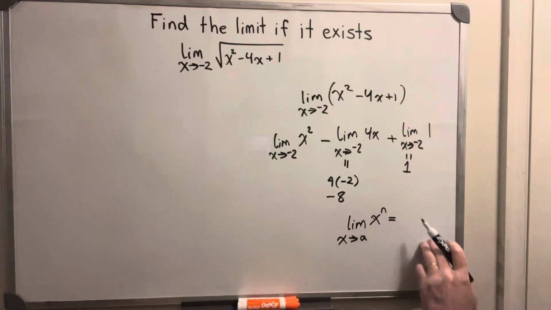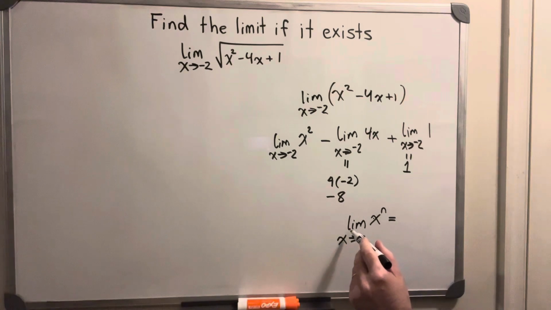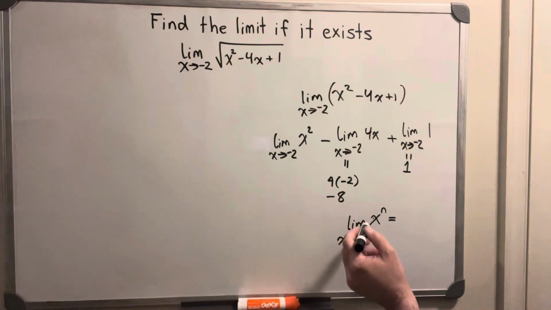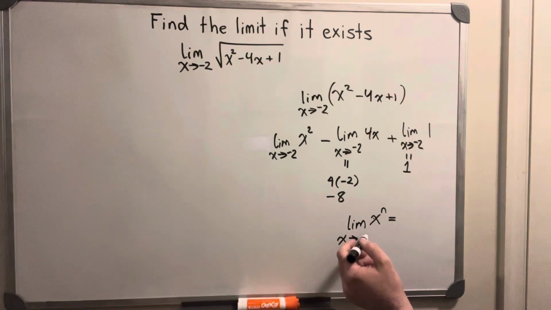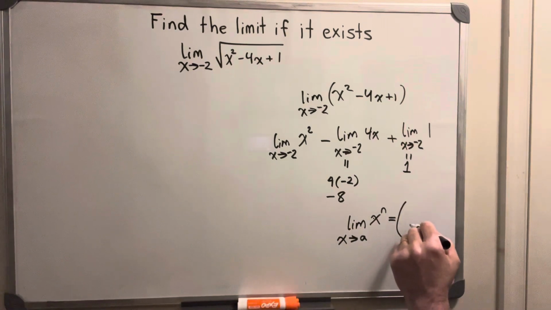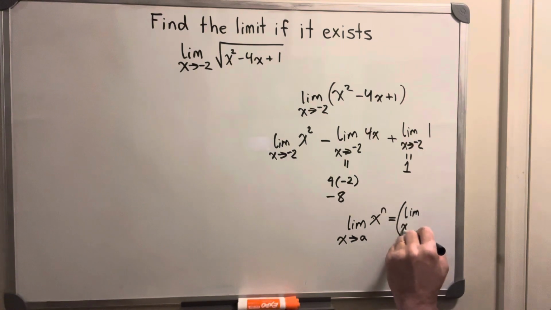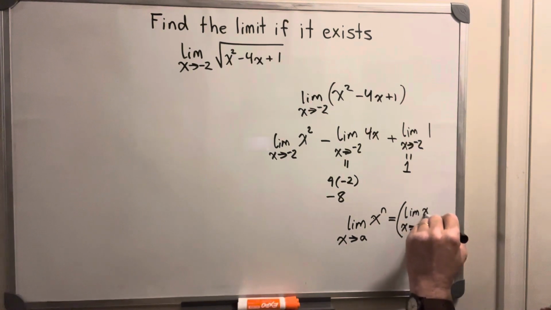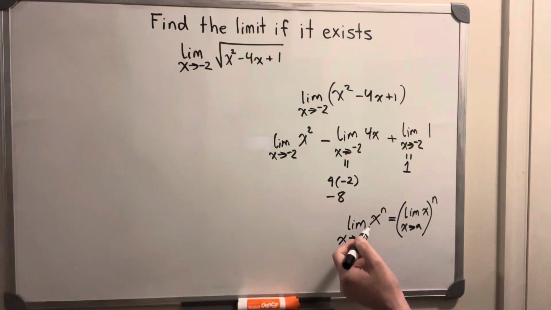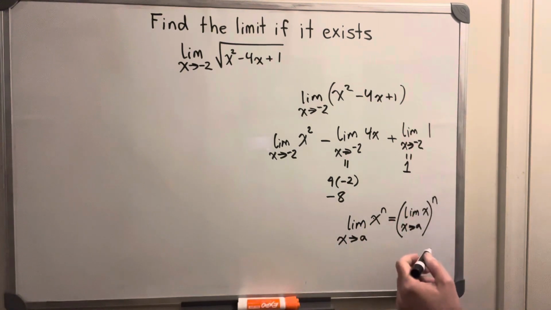Later on we can show how it's also true for rational exponents. If you take the limit as x approaches a of x to the nth, you can take the exponent outside of the limit. This is sometimes stated: the limit of an exponent is an exponent of the limit.